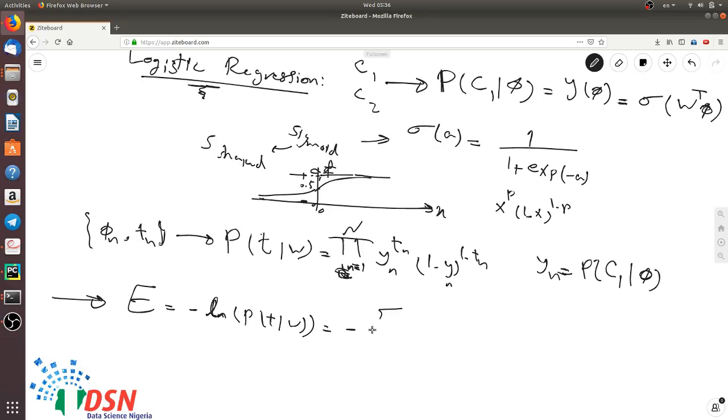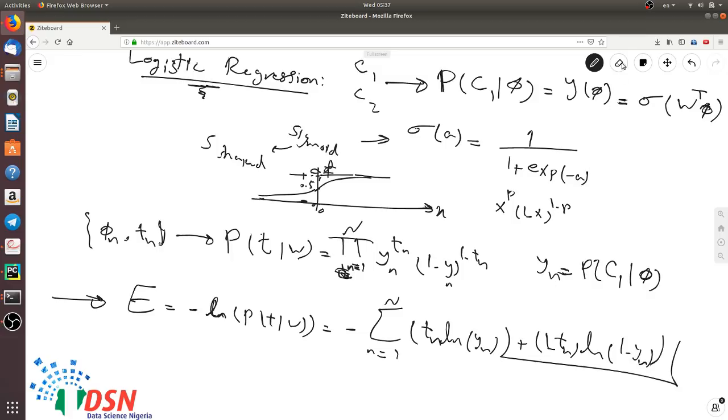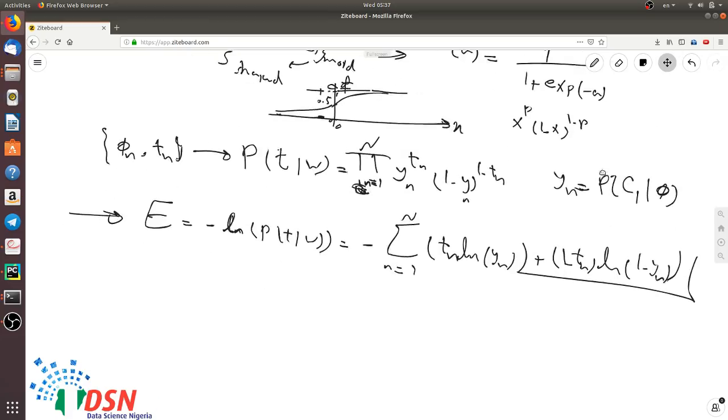So that is minus sum over n of Tn log Yn plus 1 minus Tn log 1 minus Yn. So this is the loss function in logistic regression, and the name of this cost function, you probably will hear about this a lot. Its name is Cross-Entropy Loss.